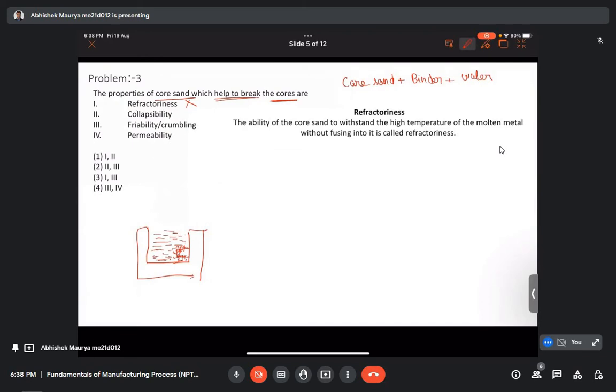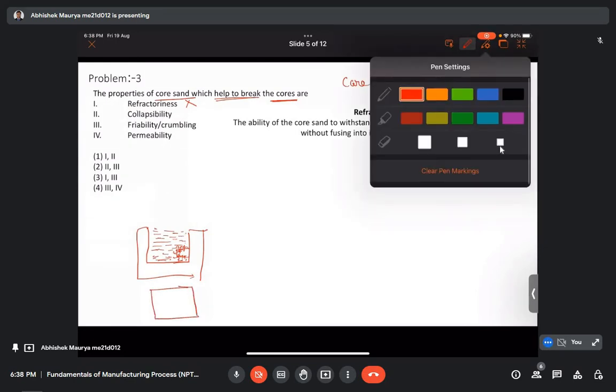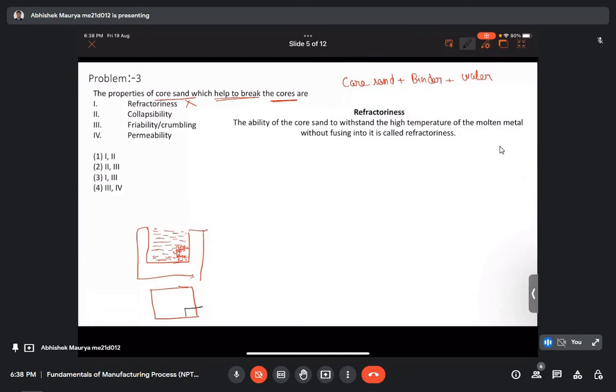What happens when the whole metal gets solidified? Then our core will remain inside the casting, and during the solidification, because of shrinkage, lots of compressive forces come on the core.